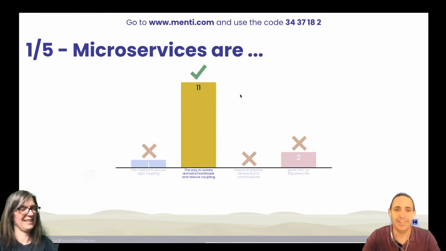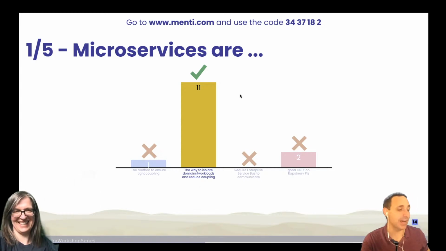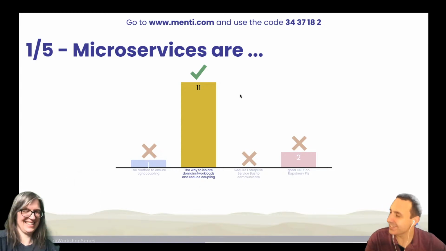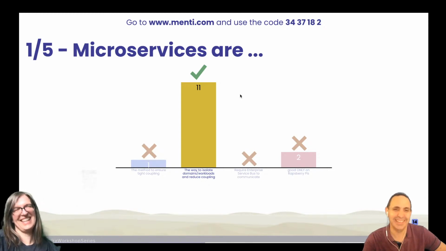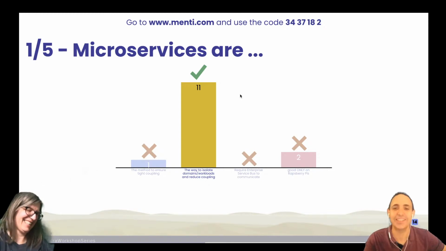Okay, good job, 11 got it right. Who's Bettina, is it you? It's me. But I'm not 2 people, I'm only 1. I knew it.